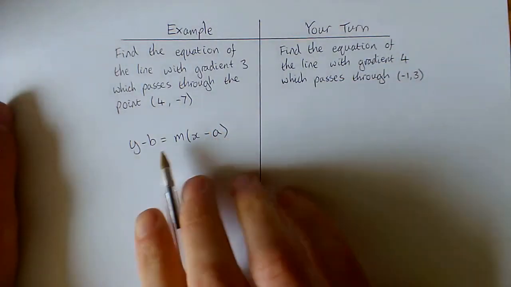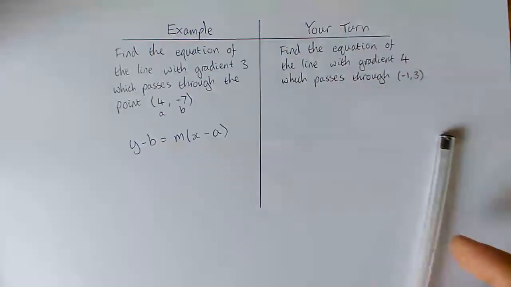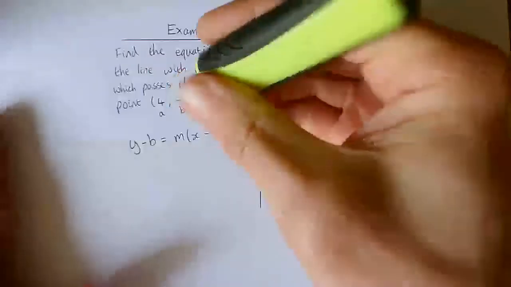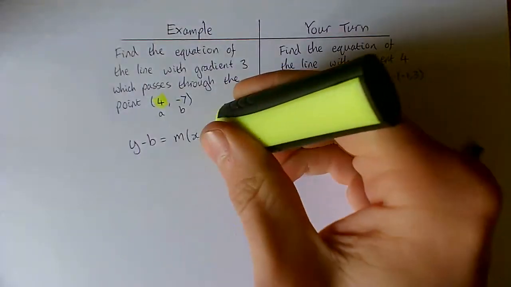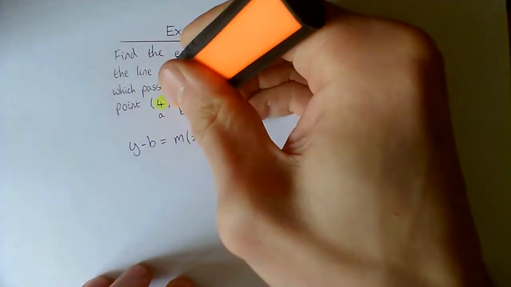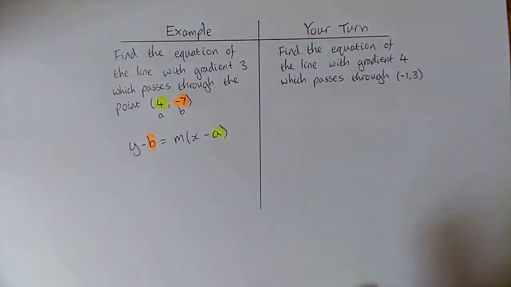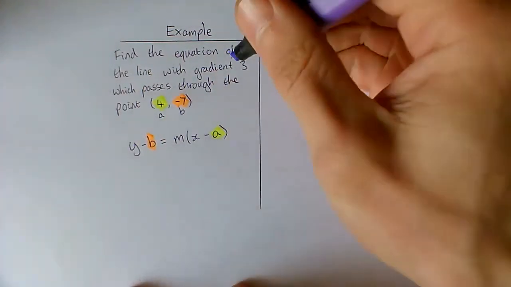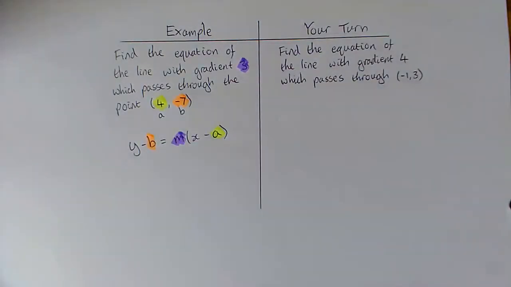Well, I said the point (a, b) is our place that we're going through, and our x coordinate is our a, and our y coordinate of our point is our value for b. Then, like we had last week, our gradient here is m.